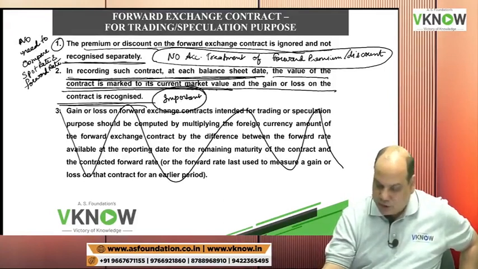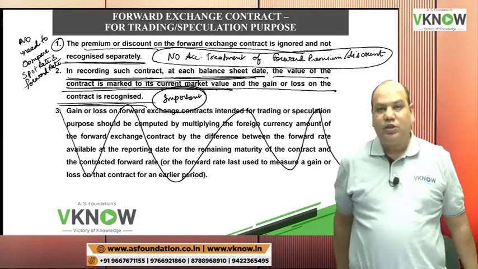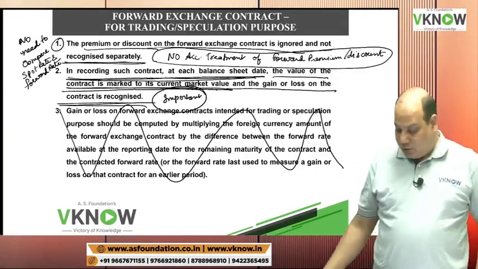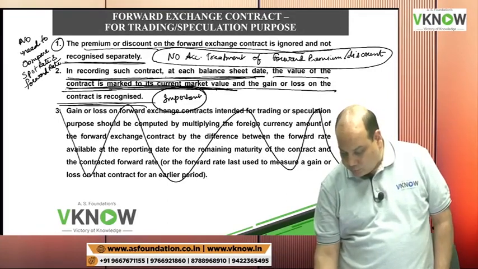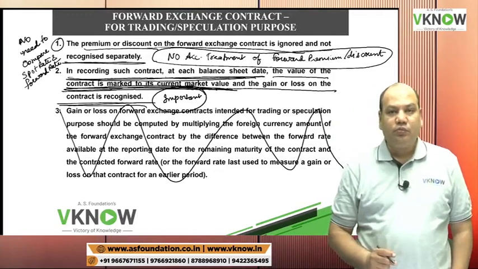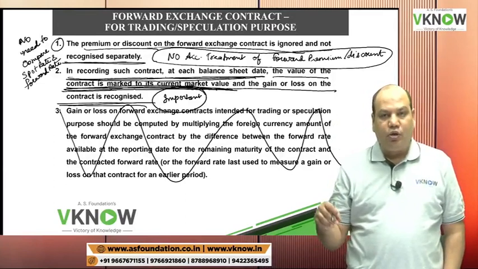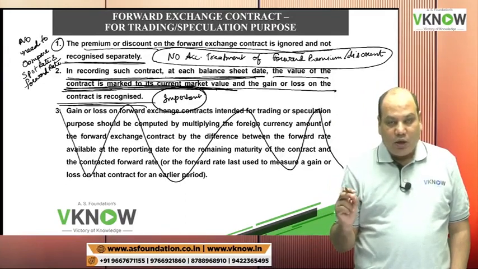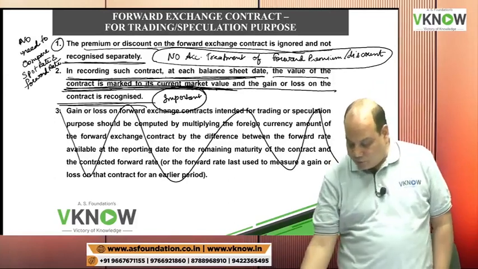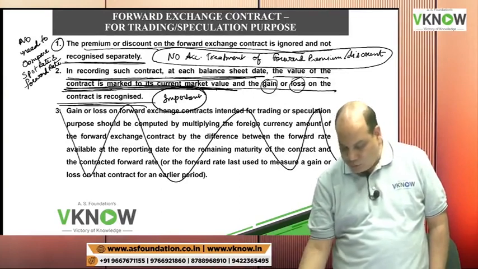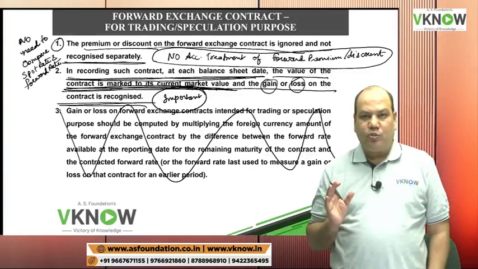On every reporting date till settlement, you will see what is the value of this forward contract now, and any gain or loss will be recognized immediately. Both gain and loss: gain will also be recognized, loss will also be recognized.